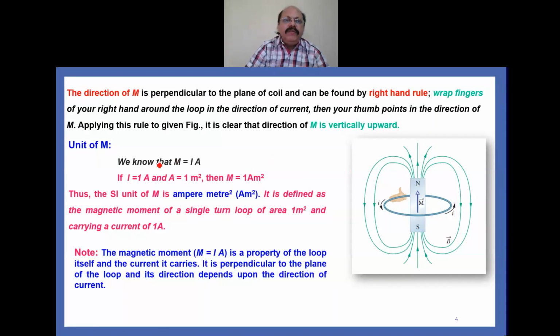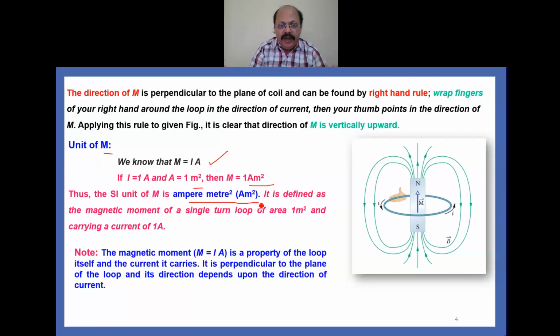Now the unit of magnetic dipole moment, as we know that M equal to IA. So if we say that I equal to 1 ampere and A equal to 1 meter square, then M equal to 1 ampere meter square. So the SI unit of magnetic dipole moment is ampere meter square.